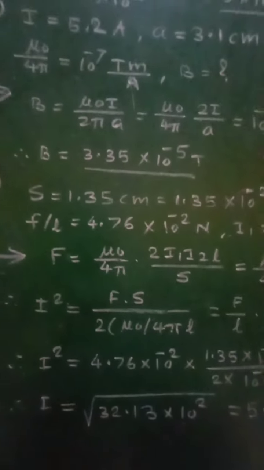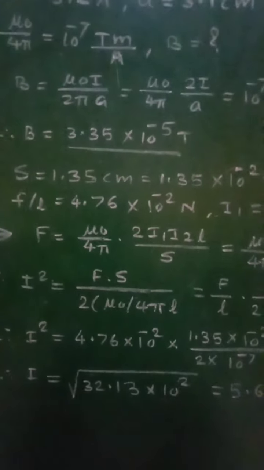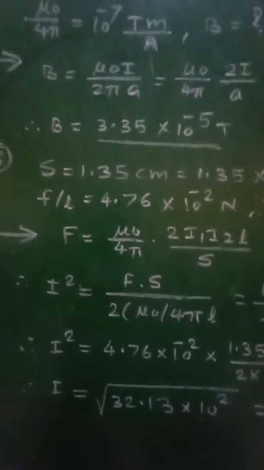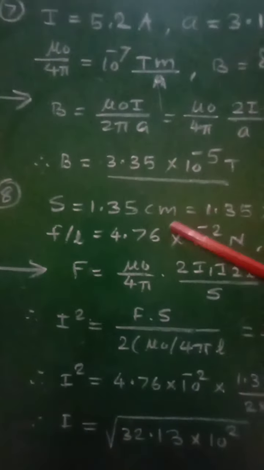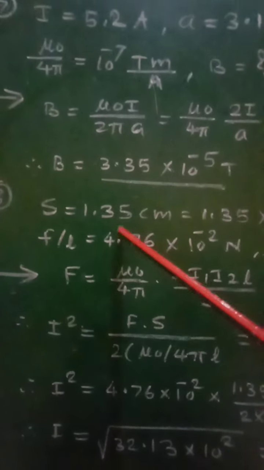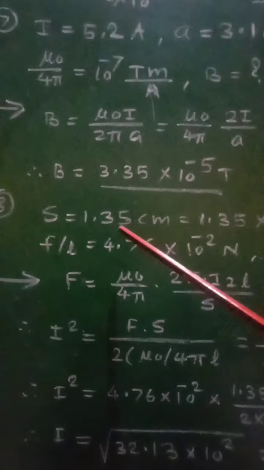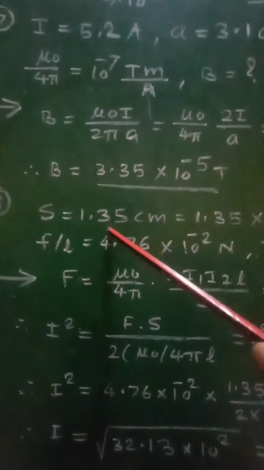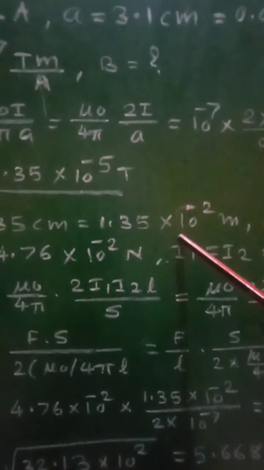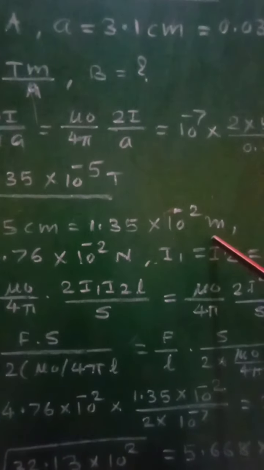So in this case, I1 equals I2 equals I. In this numerical, the given data is the distance S between the two wires, which is 1.35 centimeter, equal to 1.35 into 10 raised to minus 2 meter.